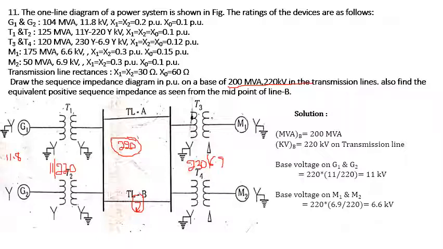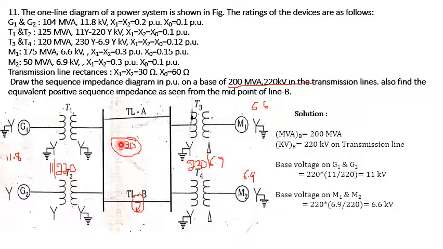For the motor M1 it is 6.6 kV, and for the motor M2 it is 6.9. So these are the old values: 11.8, 11 bar 220, 230 bar 6.9, 6.6, 6.9.